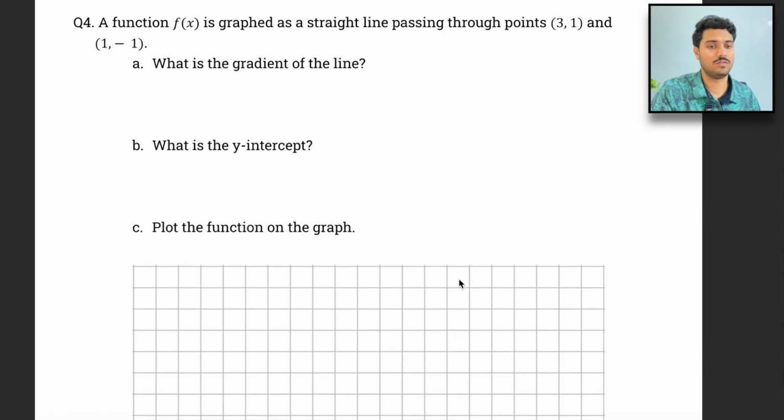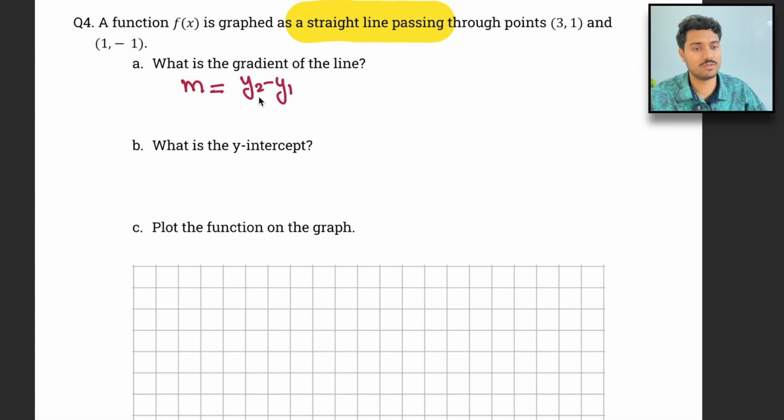Question number 4. It says a function f of x is graphed as a straight line passing through points 3, 1 and 1 comma negative 1. What is the gradient of the line? So this is based on graphs, which is a linear graph or a straight line graph. We have to find the gradient of the line. To find the gradient of the line, there is a formula which says m is equals to y2 minus y1 upon x2 minus x1.